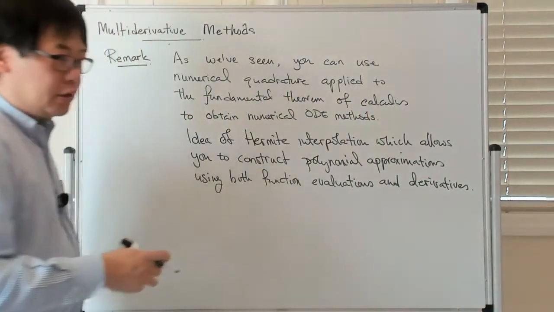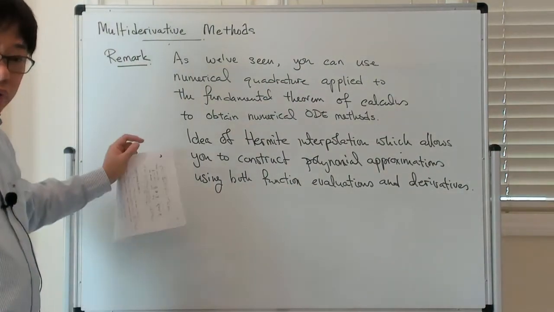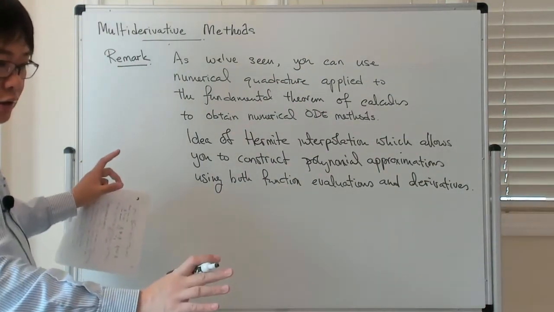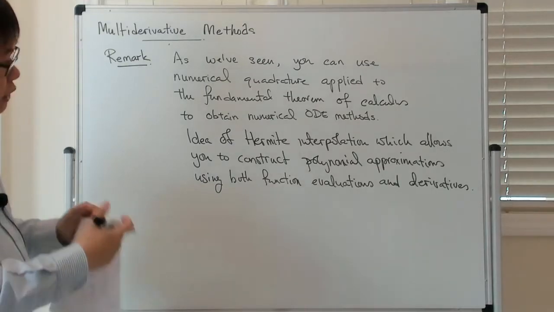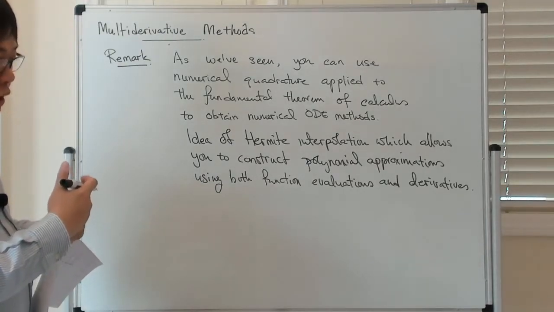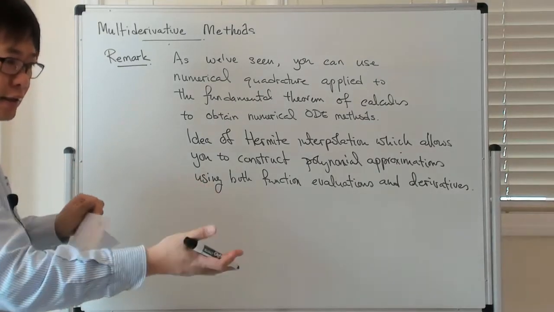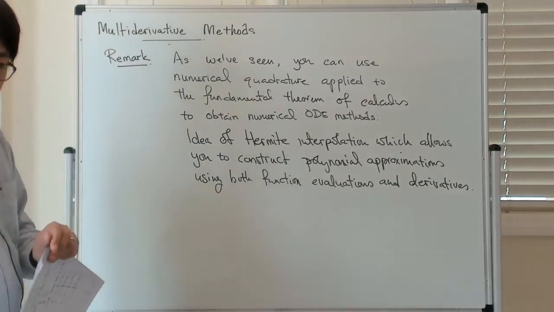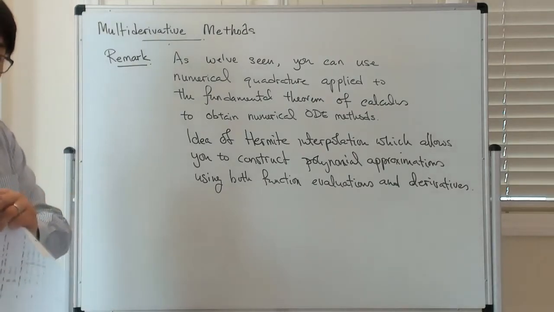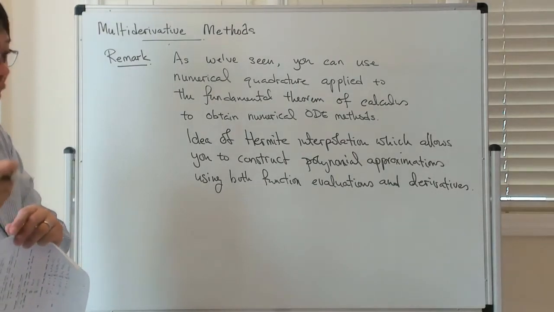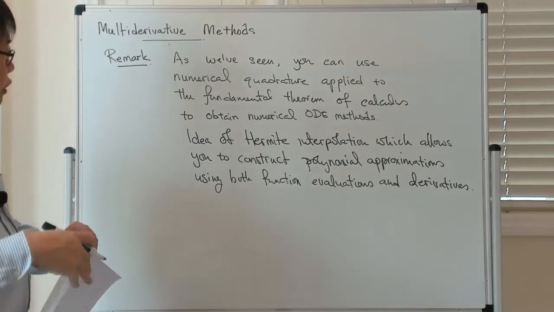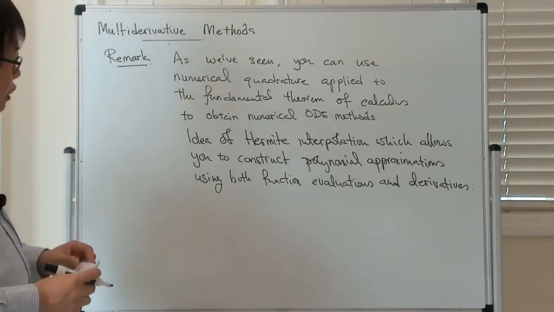And so in particular, there are two extreme cases. There's the Newton type interpolation where you have just function values at a set of distinct points, and then you have the other extreme where you have all the data at just one point, but they involve derivatives of the function, which is of course just the Taylor expansion.